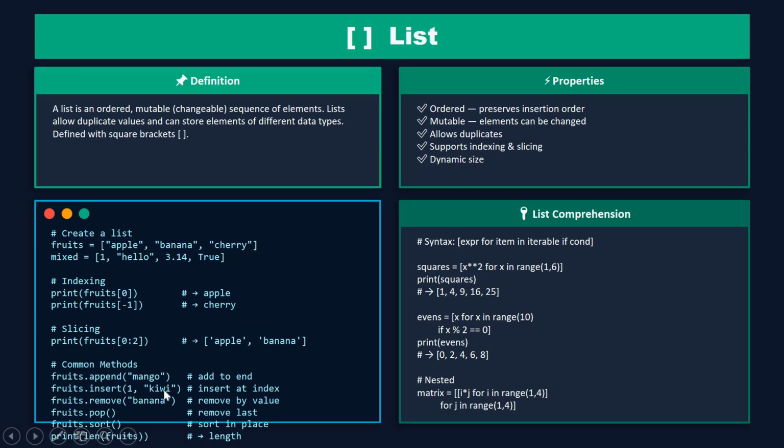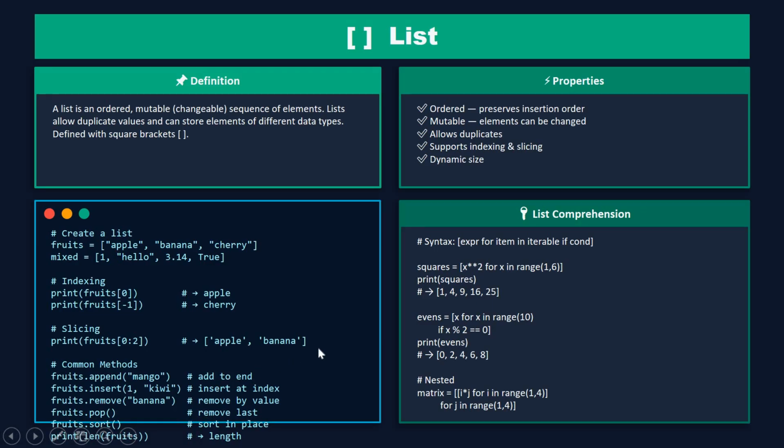If you want to remove, we have the remove function, which removes by value. Here we put banana, so banana will be removed from the fruits list. fruits.pop is also used for removal, but it removes the last element. So we can perform the remove operation in two ways: either with a specific element, or directly with pop, which removes the last element.